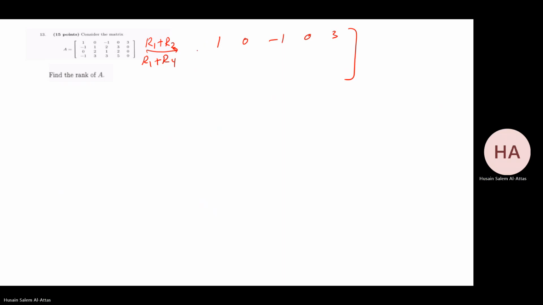Now, multiply by 1 and add, that will be 0. 0 times 1 is 0, plus 1 is 1. That will be 1 also. This one, multiply by 1 times 0, that will be 3.